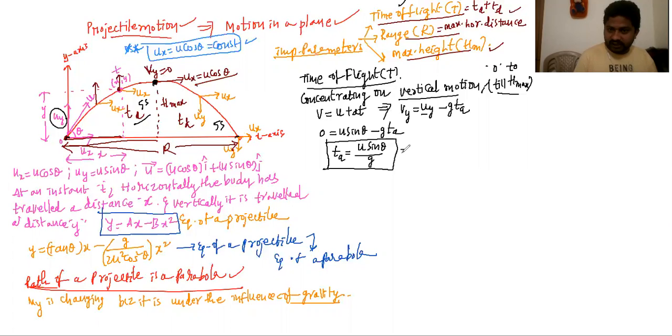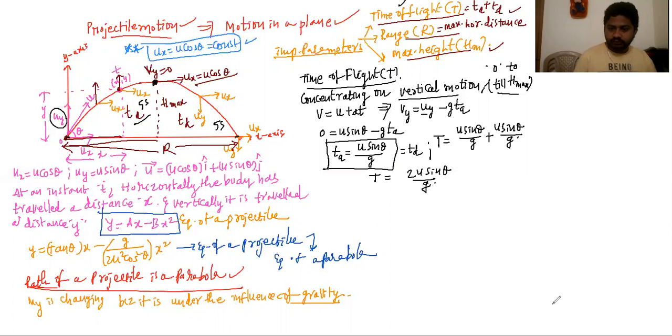So totally, time of flight is time of ascent, u sine theta by g, plus time of descent, also u sine theta by g. So the total time of flight is 2u sine theta divided by g.